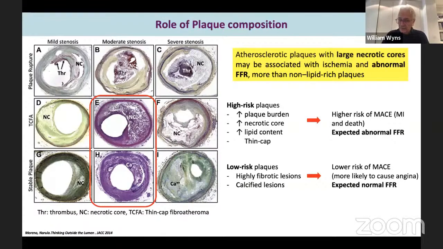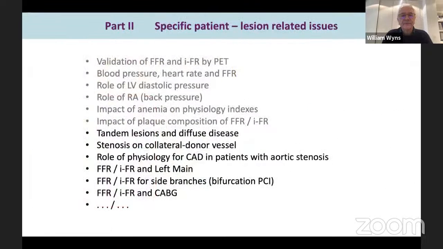I'm giving it to you for what it means. I personally don't understand it, but that's certainly an area where we have a gap in knowledge. By and large, we really focus on what's happening from the hemodynamic point of view inside the lumen, but there is the possibility, and more research is needed, on the interaction between plaque composition and hemodynamic parameters.